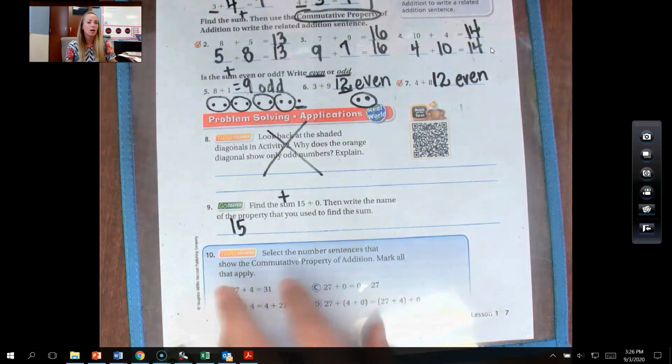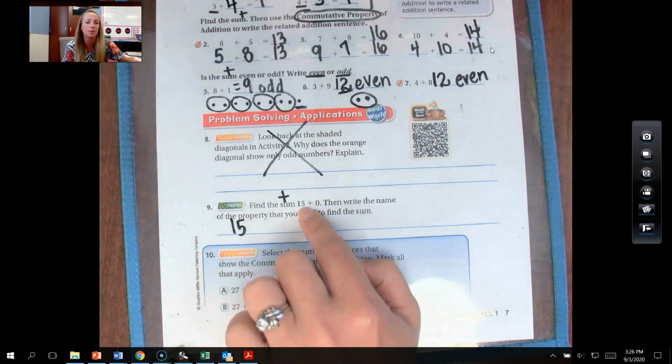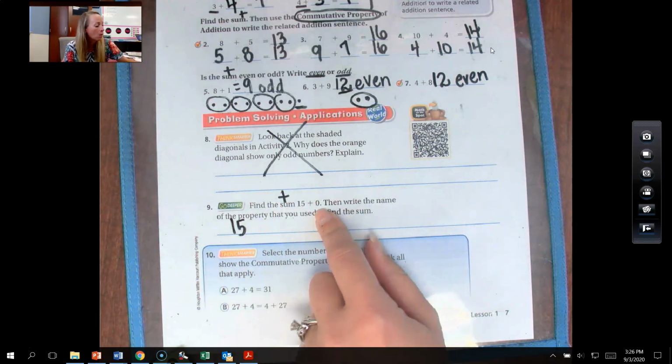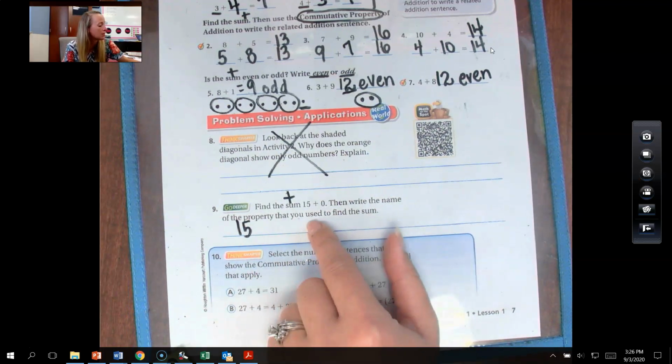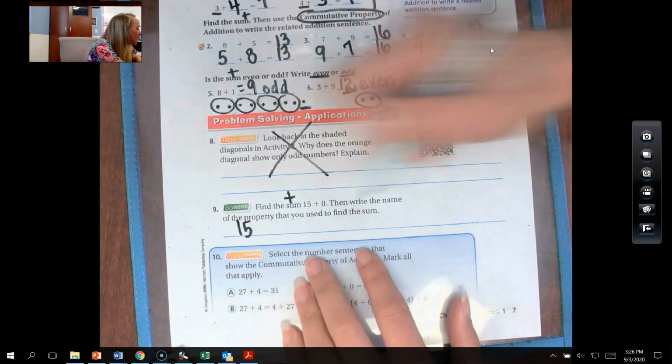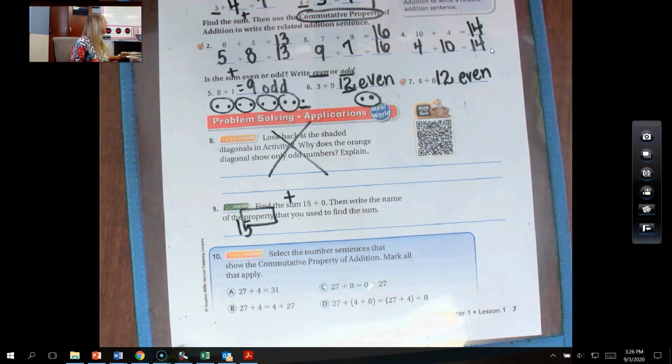That's our first answer. But some kiddos would think, I'm done. No, you're not done. You just found the sum of 15 plus 0. Now, we must then write the name of the property that you used to find the sum. You need to tell me a property of what we learned today.